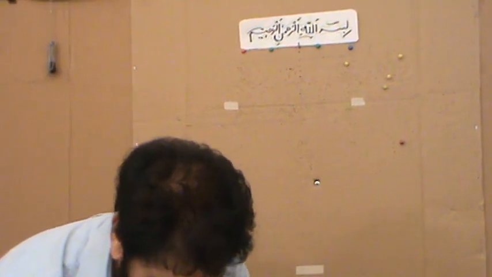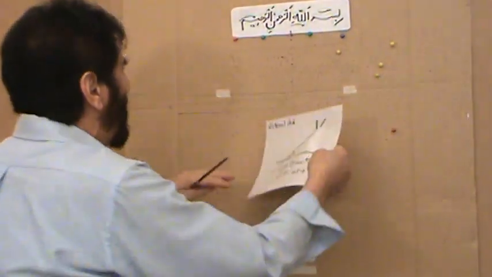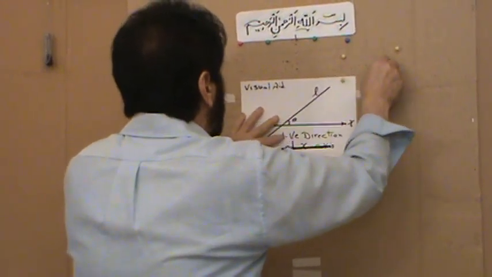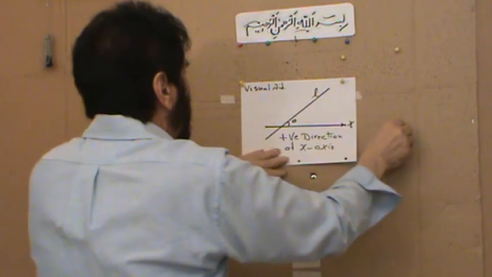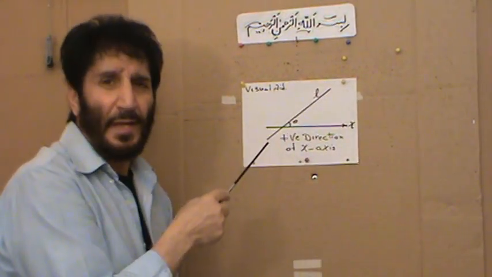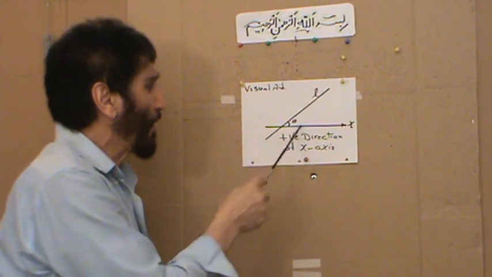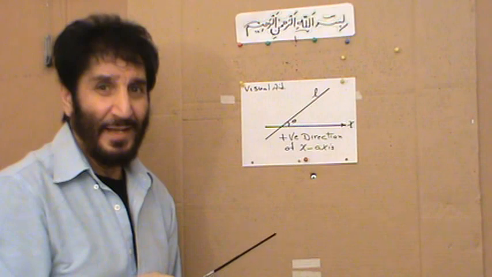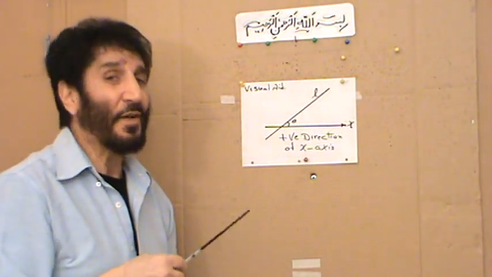Let me put this one up also. The drawing that I made is a line and a horizontal axis. This is not drawn to scale, so I'm not using analytical geometry.